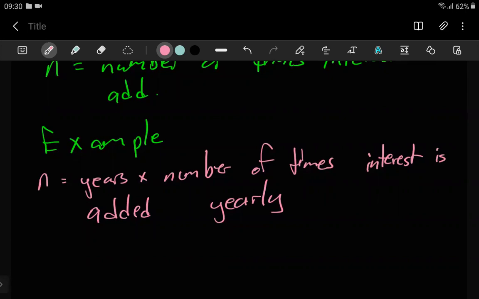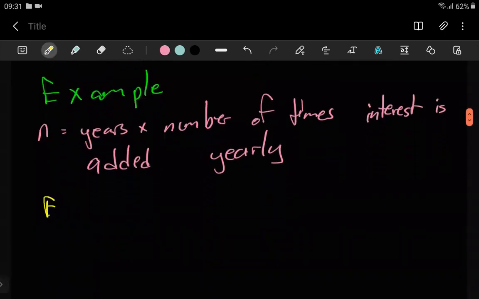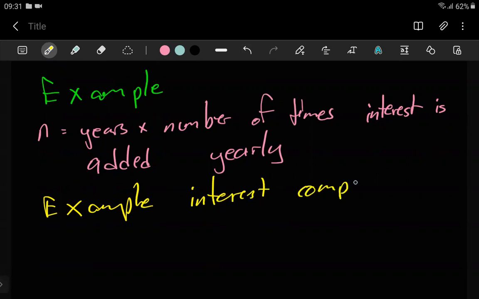You can see there are two things I mentioned. In practice, you'll get a question where, for example, interest is compounded monthly.